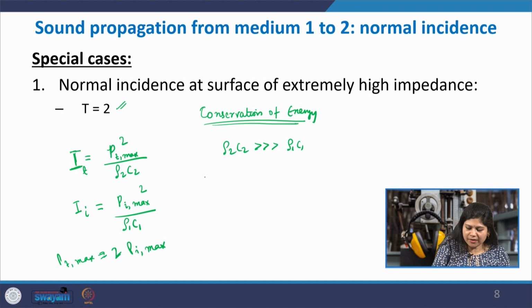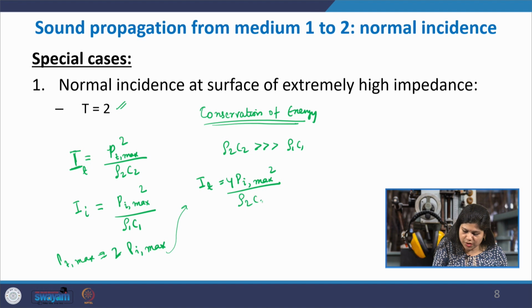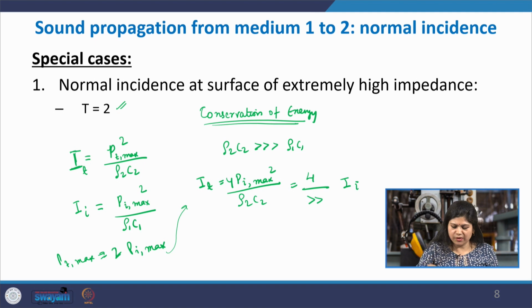If we equate this, then what do we get? IT in terms of this, we get PI max square times 4, from this particular relationship here, divided by rho 2 C2, which means 4 by some very large quantity. The incident intensity is PI max whole square divided by rho 1 C1. So, 4 divided by a very large quantity.